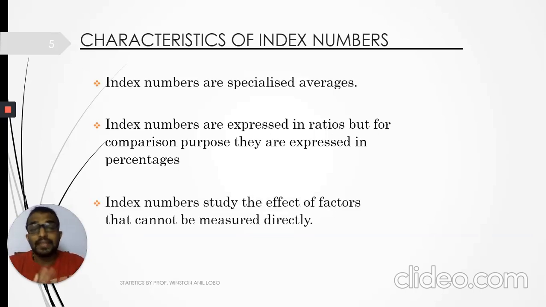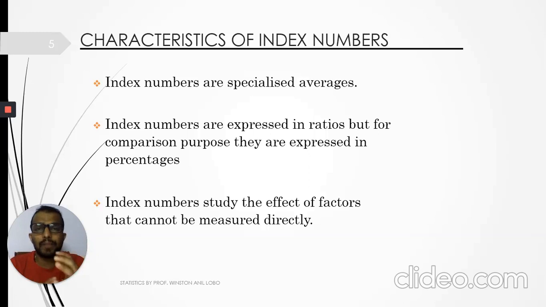Index numbers study the effect of factors that cannot be measured directly. So what does this mean, cannot be measured directly? Students, imagine this year we have got very good rainfall, and last year we did not have rainfall. This year maybe in farming we have got very good raw materials. Maybe there is good cultivation of paddy, maybe there is good cultivation of ragi.